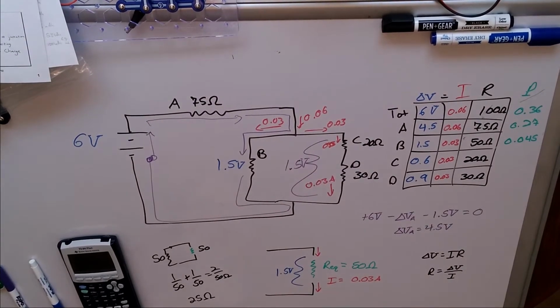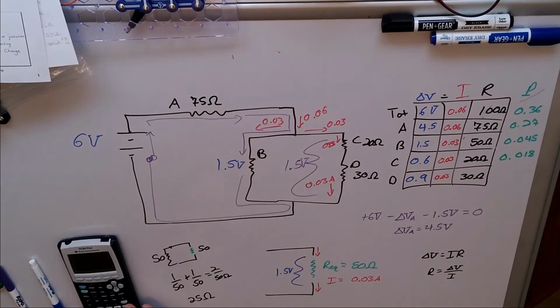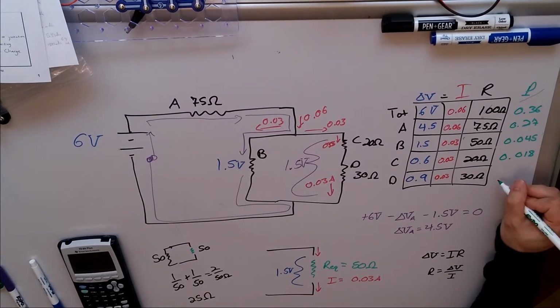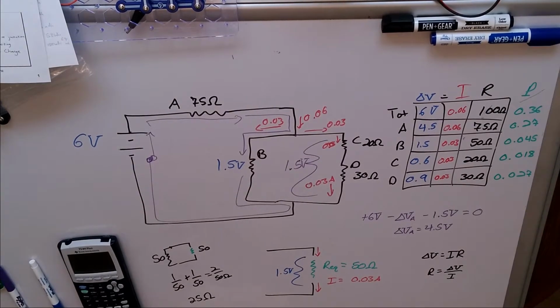We're getting to some pretty low power values here, wattage, if you will, times 0.6, 0.018, and then finally 0.03 times 0.9, 0.027. Great. And you could go through. We should see that all of that works out.